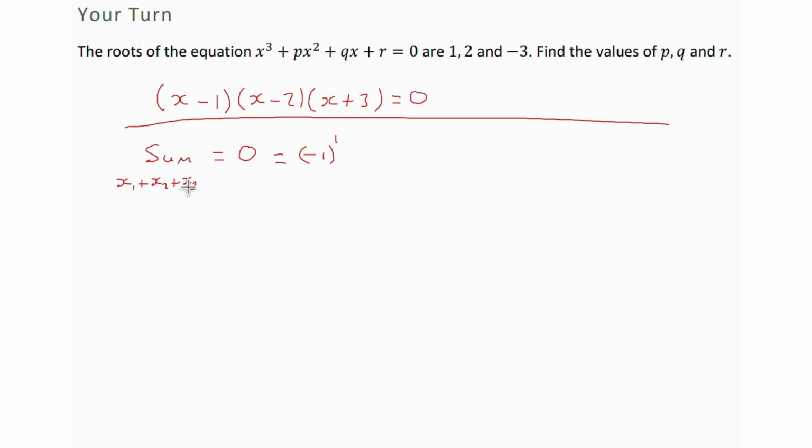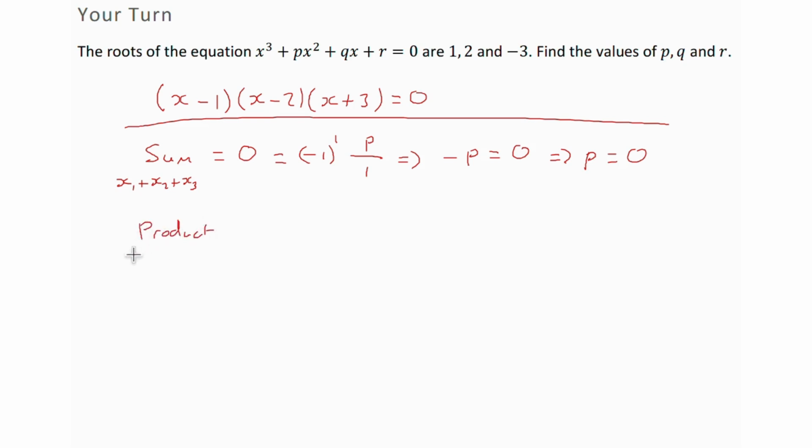We're multiplying them one at a time, so it's to the power of 1. And then over 1, that's the leading coefficient, and the numerator is step 1 back, which is p. So that means that minus p is equal to 0. Well, that means p is equal to 0.